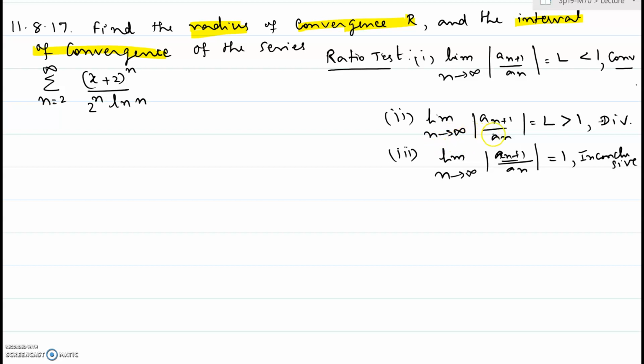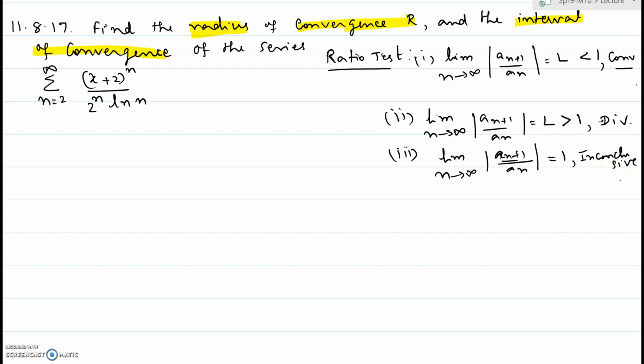If L is more than 1, then the series is divergent. If this ratio is equal to 1 as n approaches infinity, then the test fails, or it is inconclusive. No conclusion can be drawn about the convergence or divergence of the series, in which case you have to apply a different test.